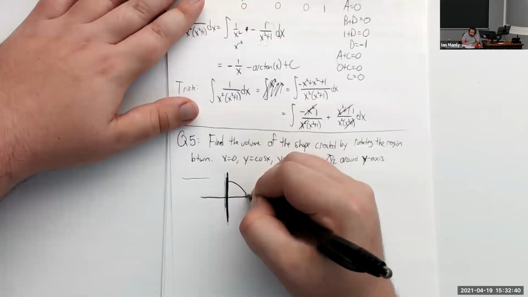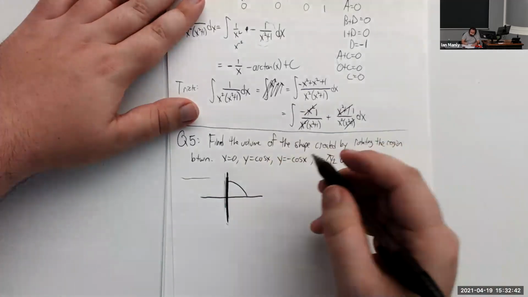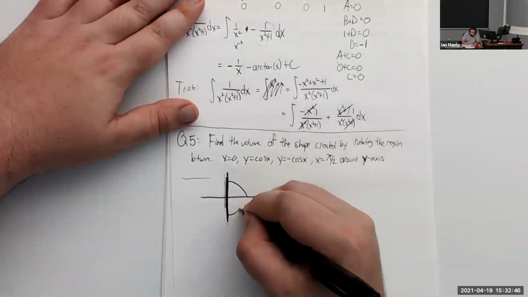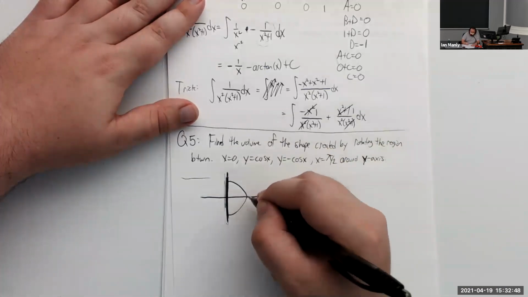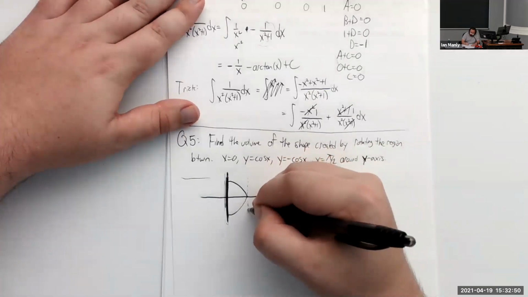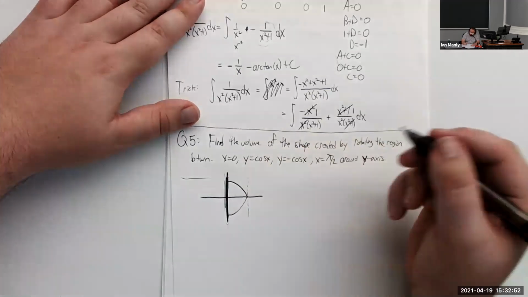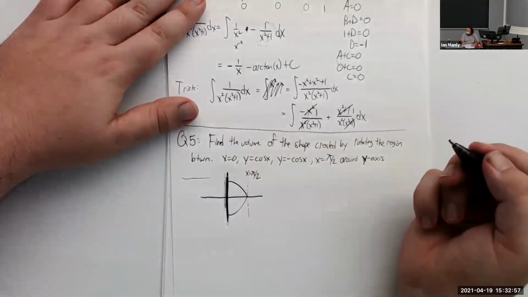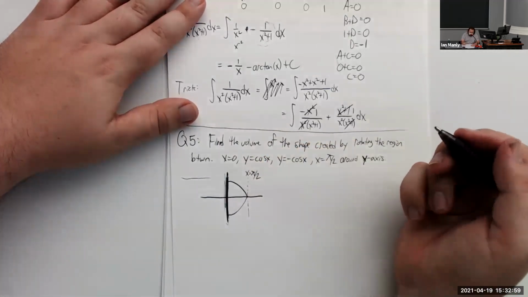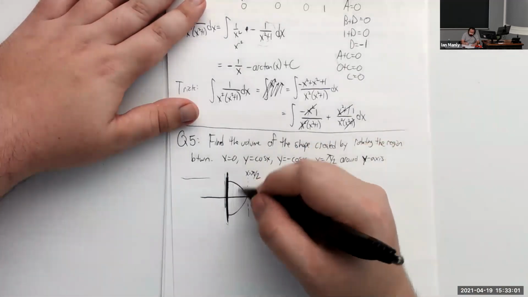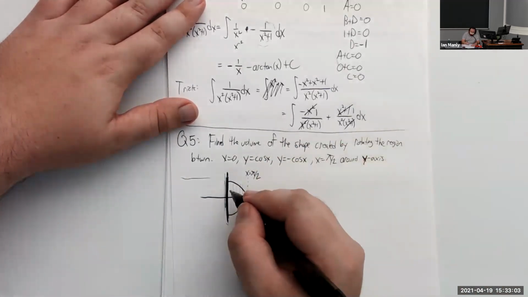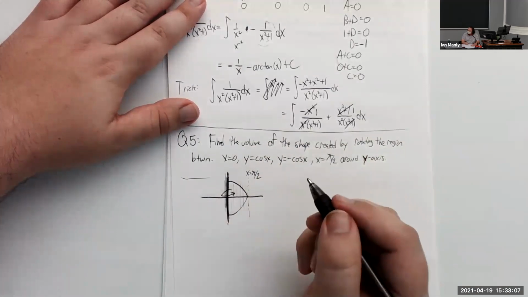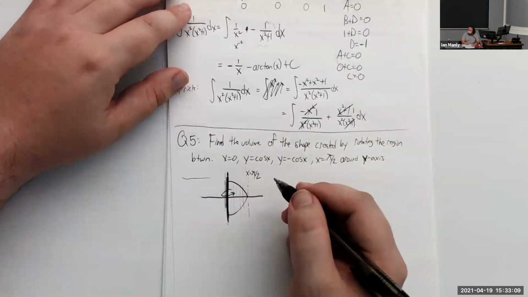And then y equals negative cosine of x starts at negative 1 and goes up. These two meet where both are 0, at x equals pi over 2. So we're taking the area in this region and spinning it around the y-axis.